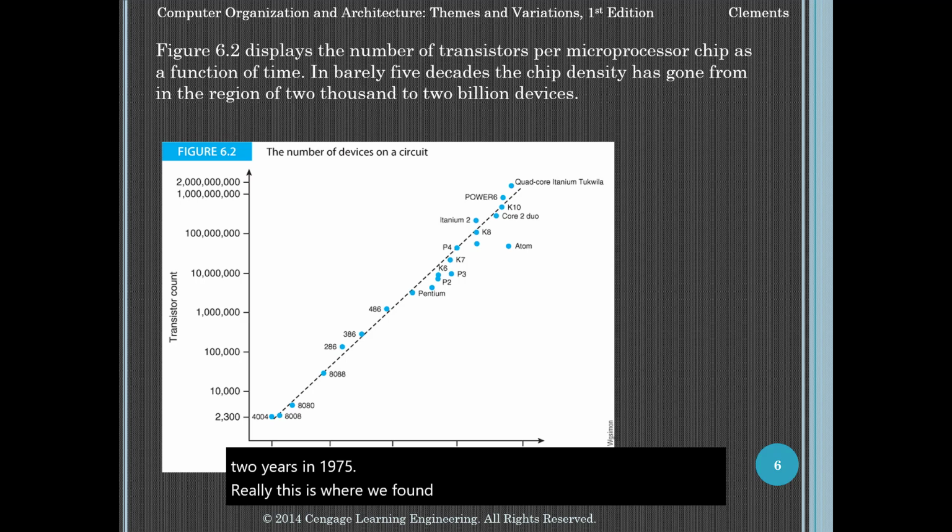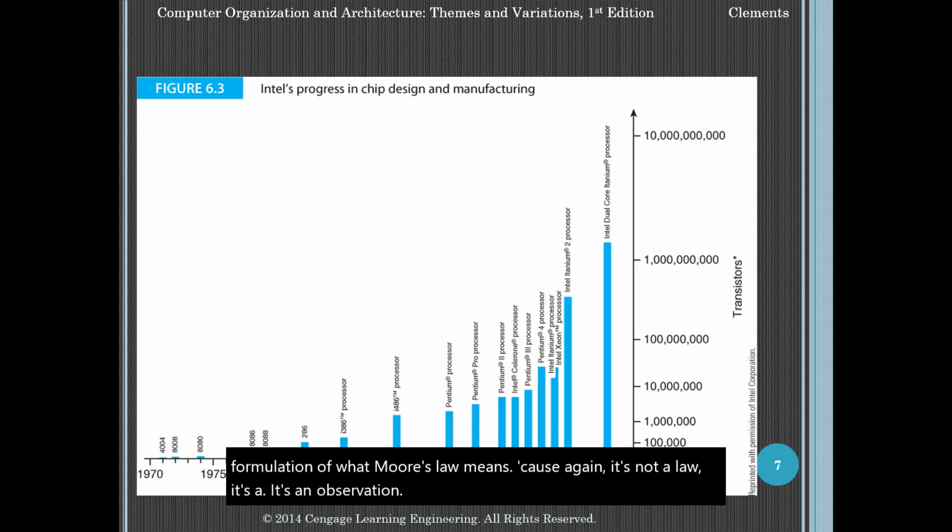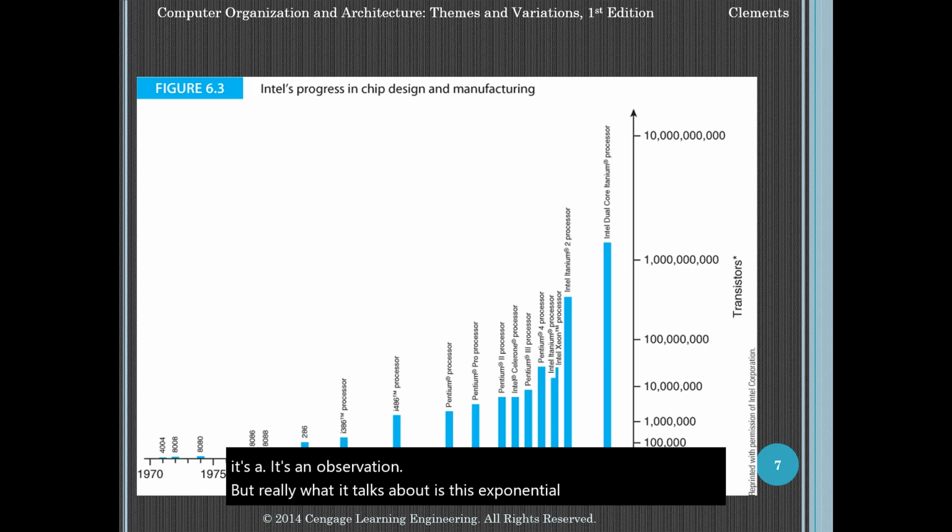And so the term Moore's Law was never used by Gordon Moore himself, but it was coined by Carver Mead in 1970. There's really no precise formulation of what Moore's Law means, because again, it's not a law, it's an observation. But what it talks about is this exponential increase in the number of components on a chip.